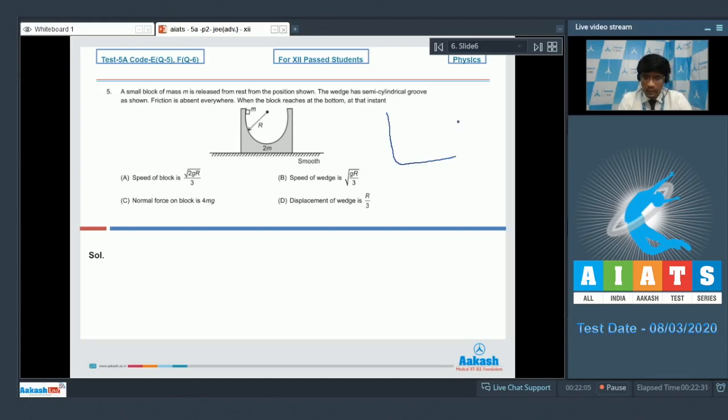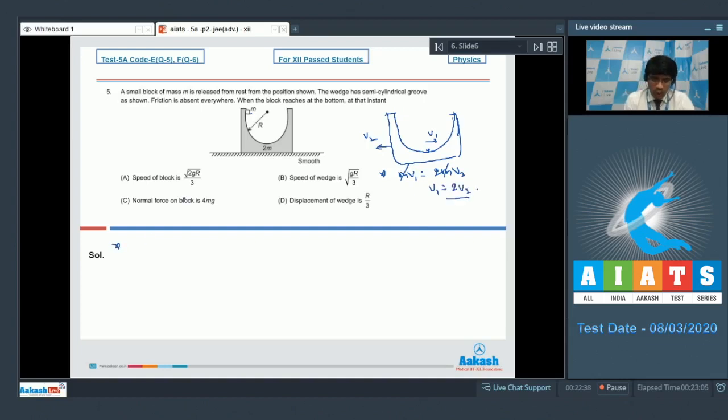Well, by the time the mass m moves to the lower point, all the potential energy of this small mass will be shared as the kinetic energy of this mass and this wedge. So let's say this small mass is having the velocity v1 along this direction, and the wedge is having the velocity v2 along this direction. So clearly mv1 must be equal to 2mv2, or v1 is equal to 2v2.